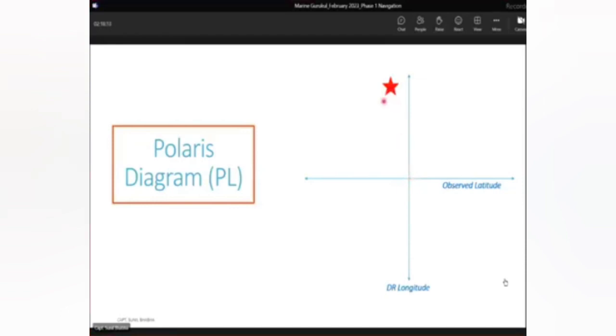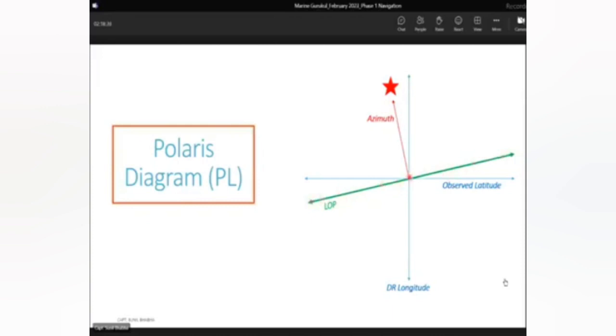Now on this point we mark off the azimuth of Polaris or the pole star. Let's assume the pole star is here. So the red arrow shows the azimuth of the pole star and the direction of the PL will be perpendicular to the azimuth of the body. So you see the green color line having arrows at both the ends represents the position line in case of a Polaris observation.